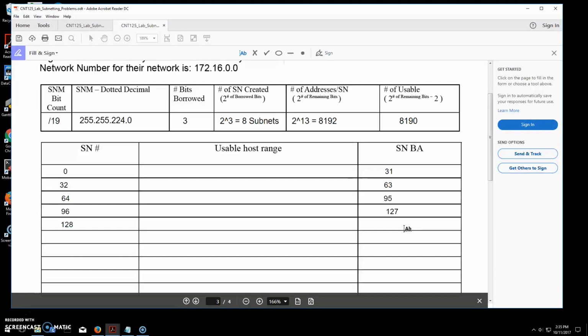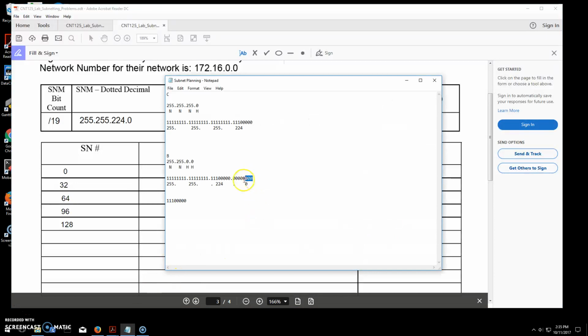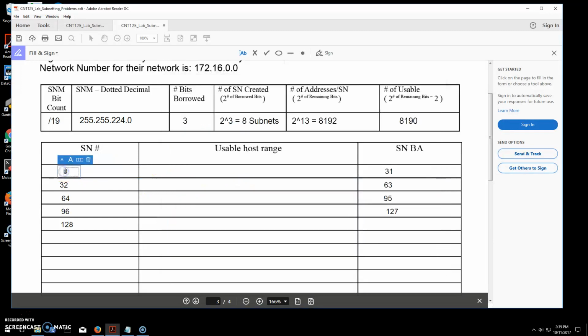Where it's going to change now is right now. I now need to account for this last octet before I get any further. So I'm going to keep it simple. If I remember my rules for subnetting, all zeros in the host portion is a network number.